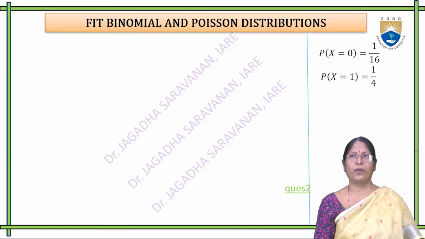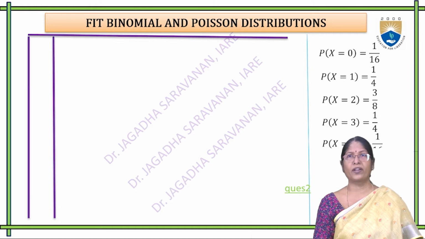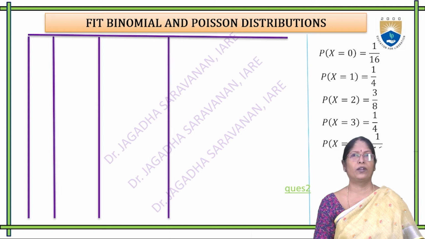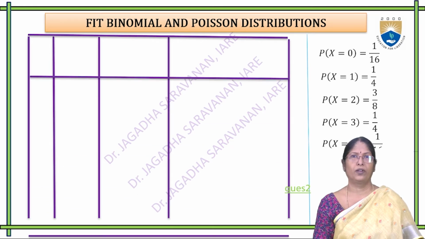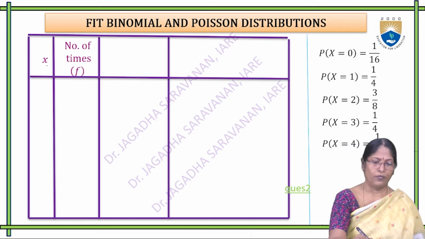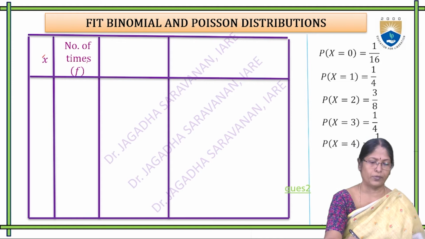We are just keeping in the rough the values we obtained. So now we are going to construct the table to fit the binomial distribution. The first column is x, the second column is number of times.